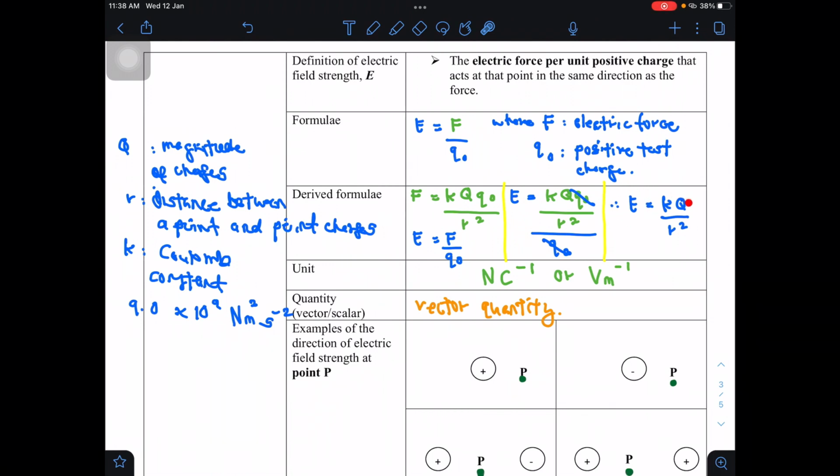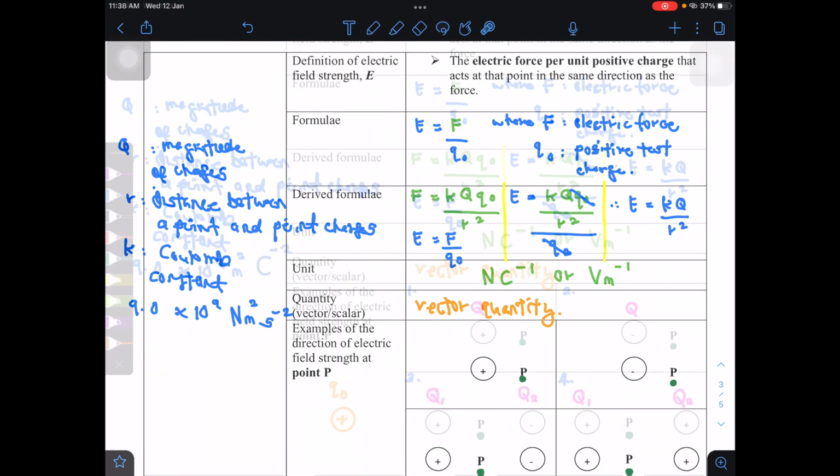Q here is the magnitude of charge. r refers to the distance between a point and the point charge. And k is Coulomb's constant, where the value is 9.0 times 10 to the power of 9 Newton meter squared per Coulomb squared.